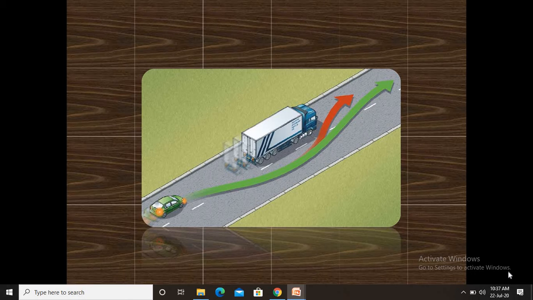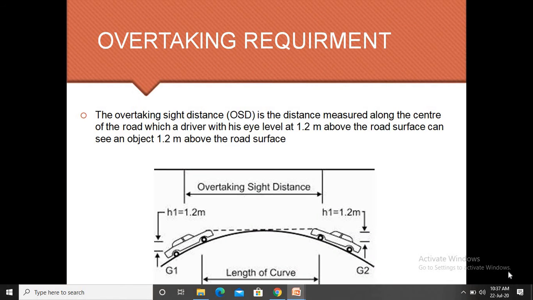The container is moving at a slow speed and our car is moving at a higher speed. So we need to maintain some overtaking distance. Why? Because vehicles may come from the opposite side also. That's why we need to maintain that distance.